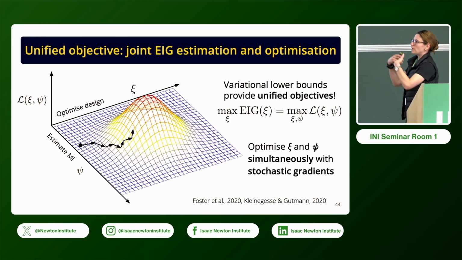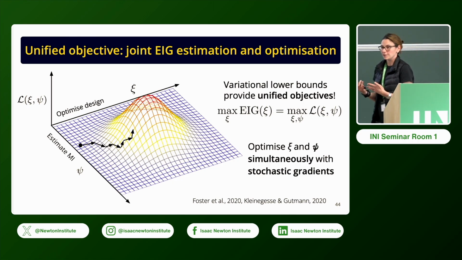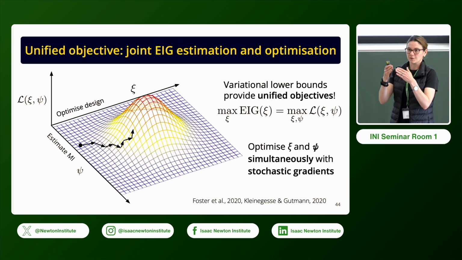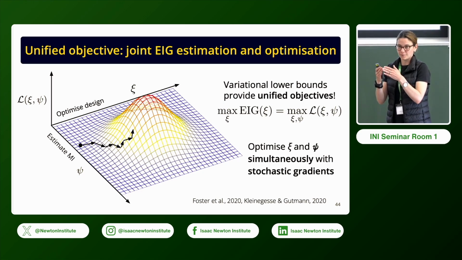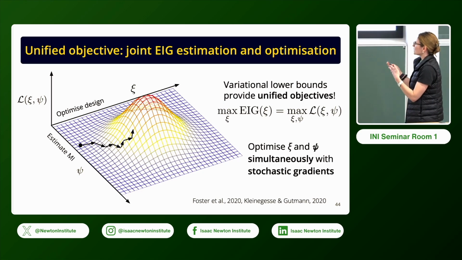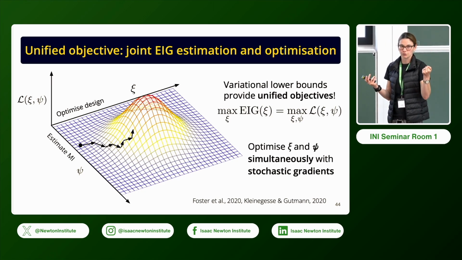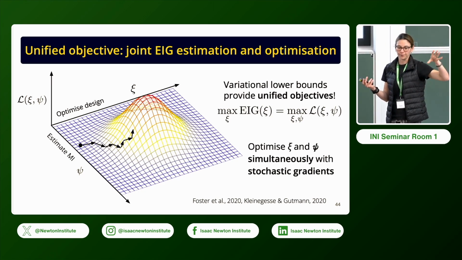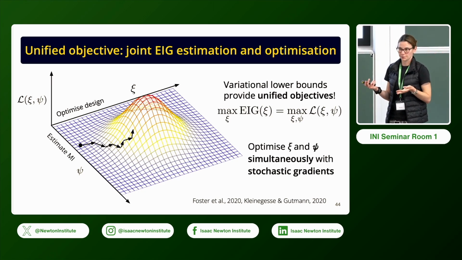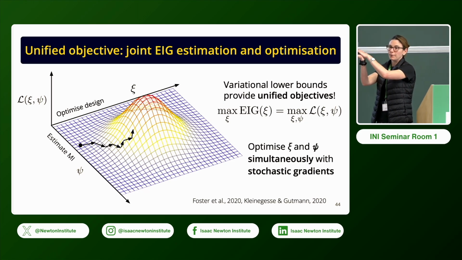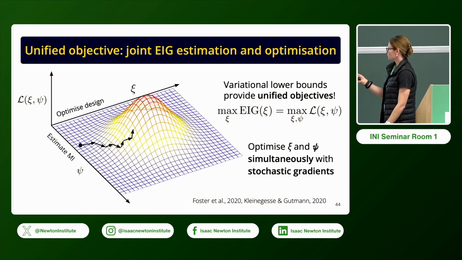This provides us a unified objective that allows us to both estimate and optimize at the same time. And what this gives us in terms of efficiency is that we're not going to be wasting computational resources on very unpromising designs, right? Because we'll be moving towards the optimum and we'll be tightening the bound as we optimize.